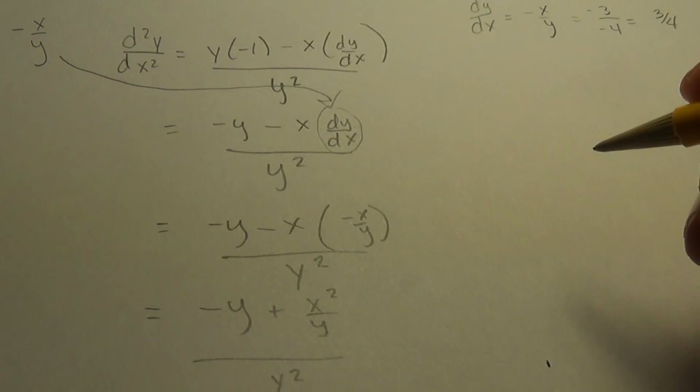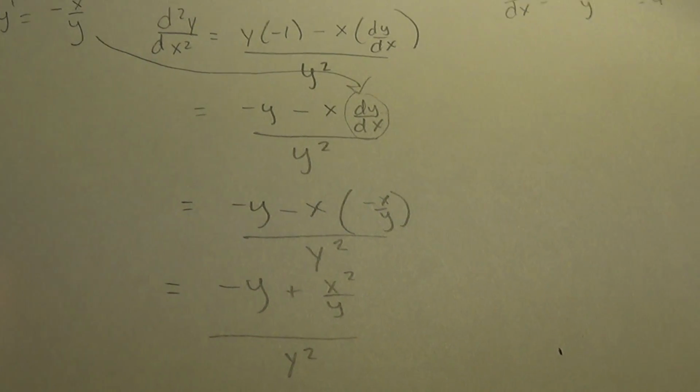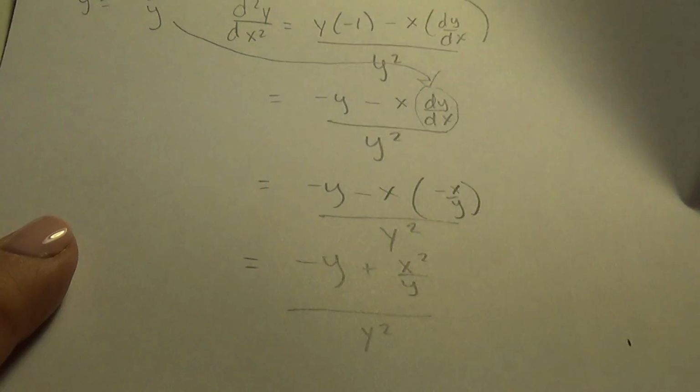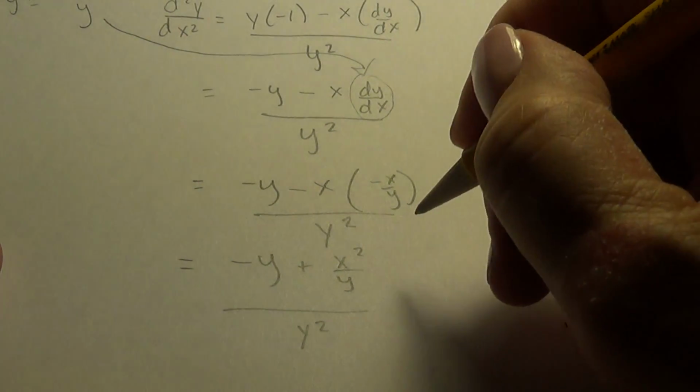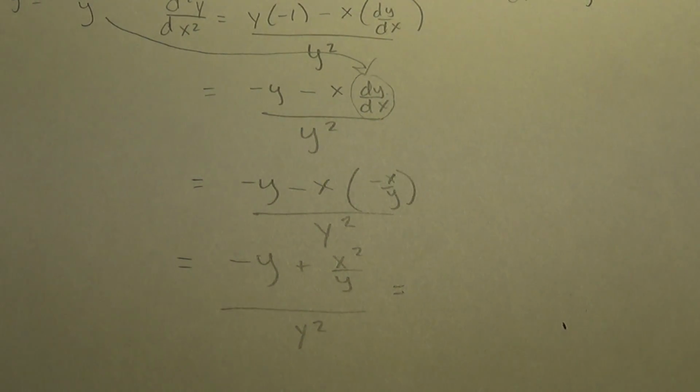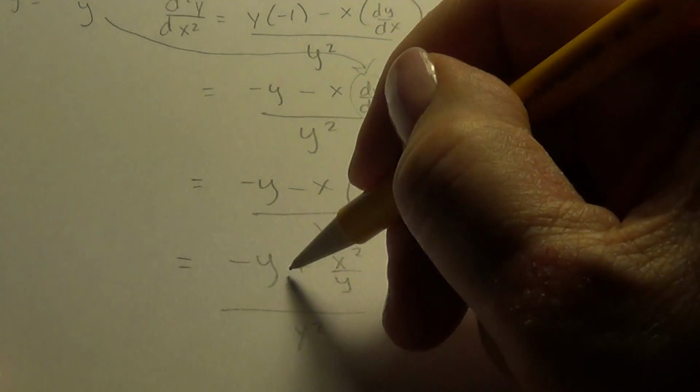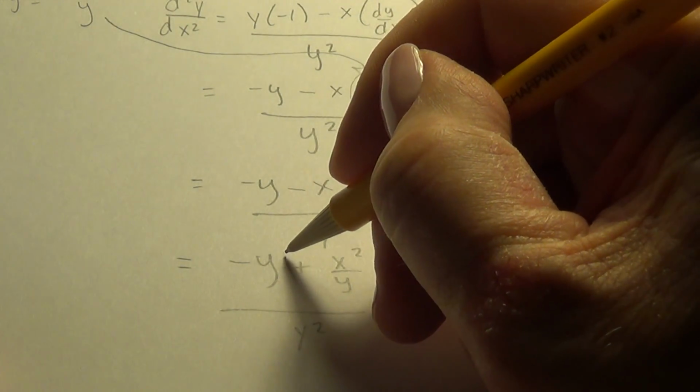So let's just algebraically mess with that for a minute. I'm going to give the numerator the same denominator, so I'll multiply this by y over y.